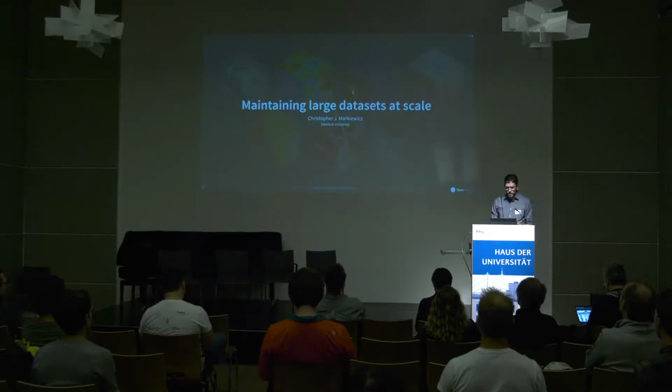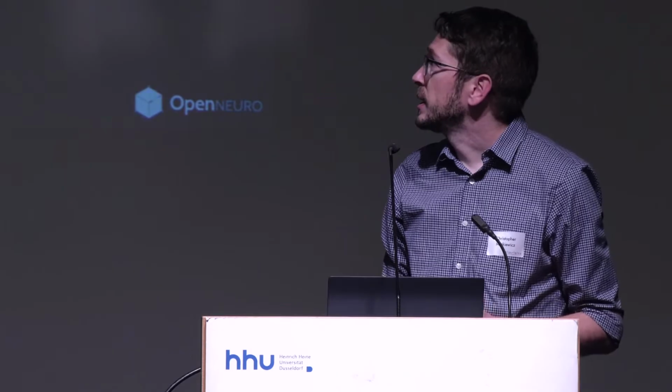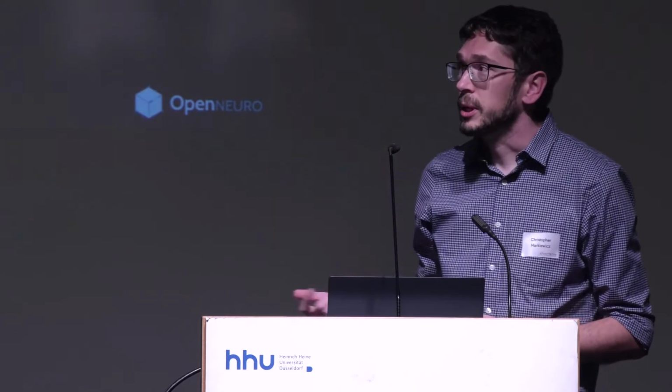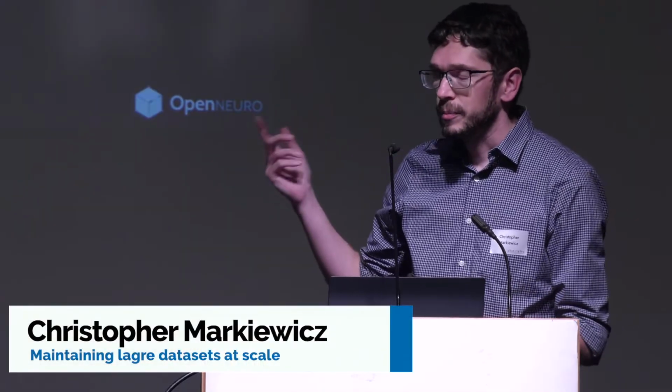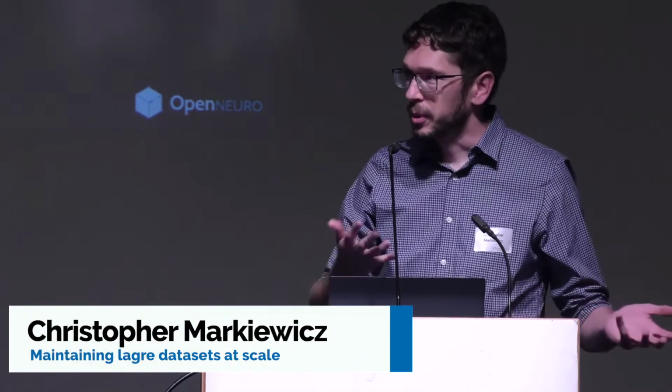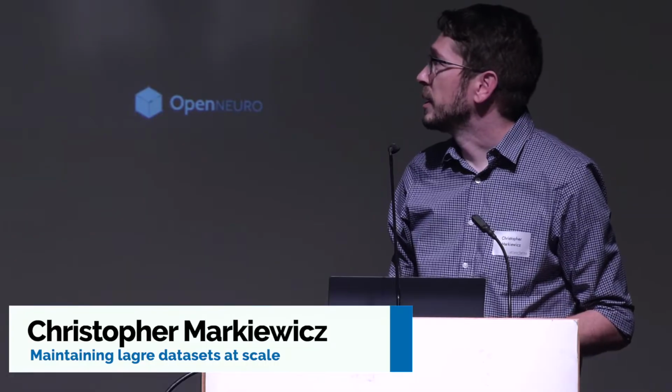Again, I'm Chris Markiewicz, and I'm associated with the OpenNeuro project at Stanford. OpenNeuro has been mentioned a couple times today. It is an open repository for neuroimaging data that is organized in the BIDS format, which you also just heard some about, so I won't go into that any further.